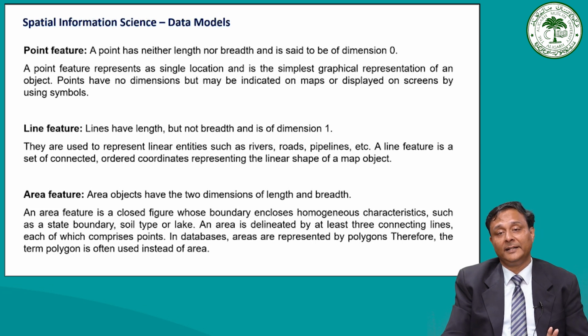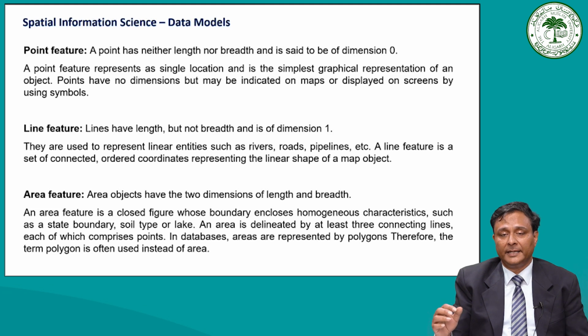As we discussed in some previous discussion, the scale of viewing determines whether an object is defined as a point or an area. For example, I gave you the example of the city of Delhi. In the map of Delhi, the Delhi city is a polygon entity, an area entity.